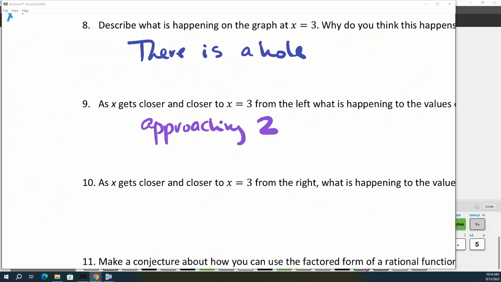All right, and we're going to use limit notation to write this also. So the limit as x approaches 3 from the left, so a little negative, of g of x is equal to 2. All right, what about from the right?